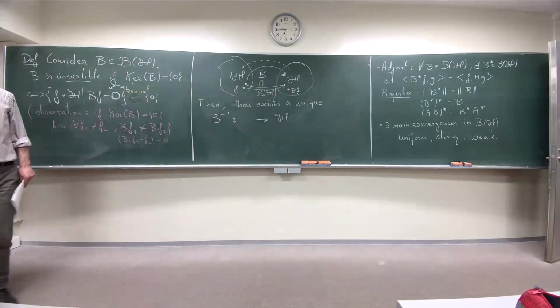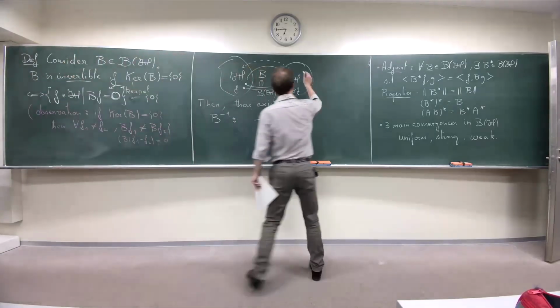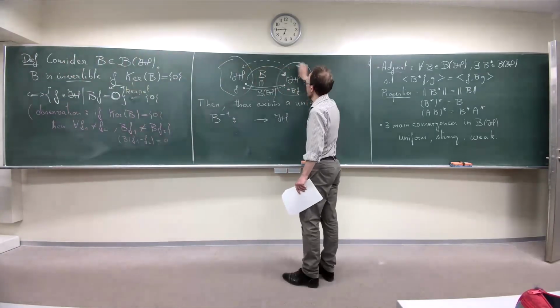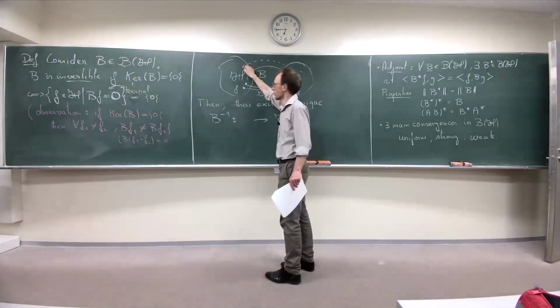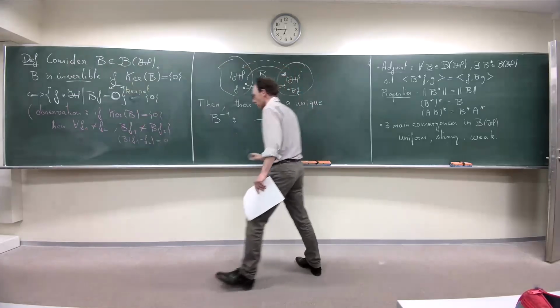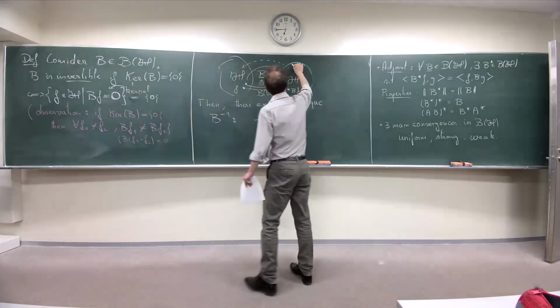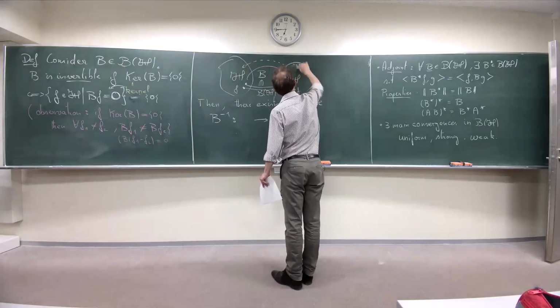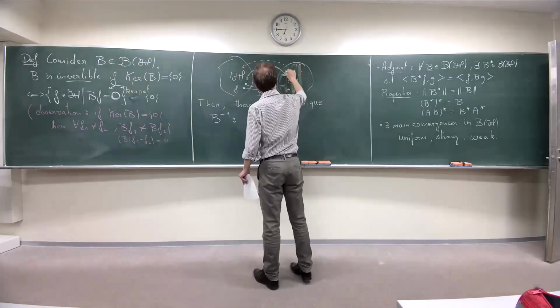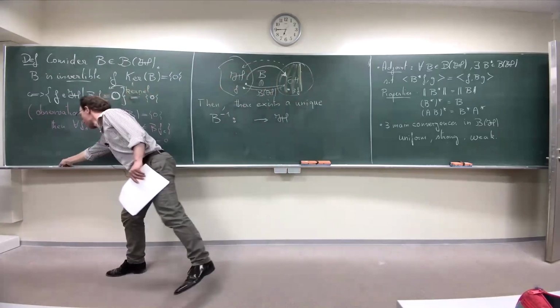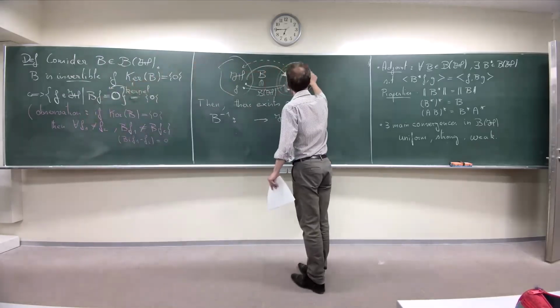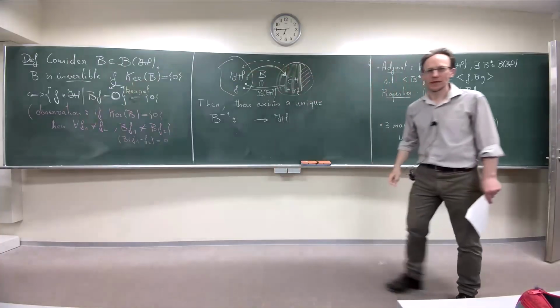Be careful. I cannot say that the inverse is taking any element here and sending it to this one. No, this is not true, because it could be that B maps you here, but not here. The image of B could, for example, not reach this part.